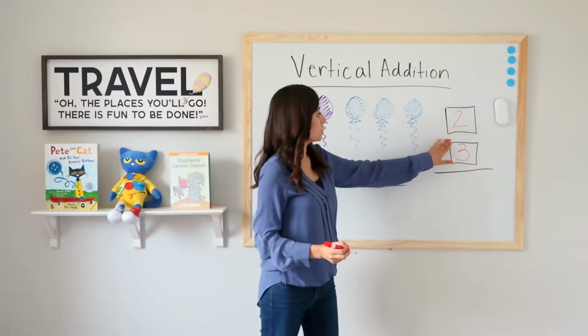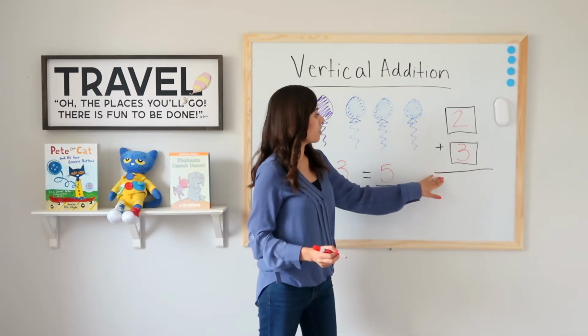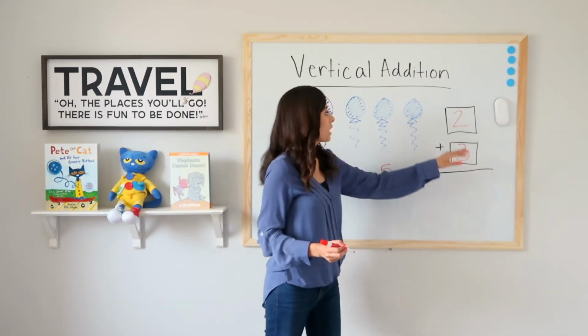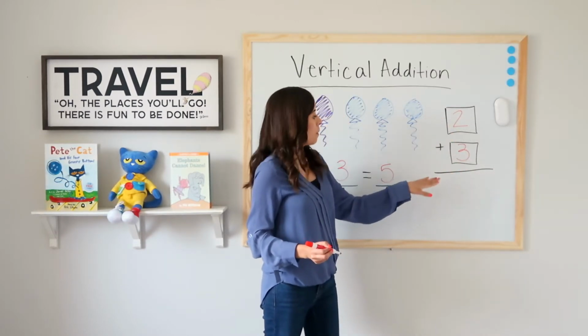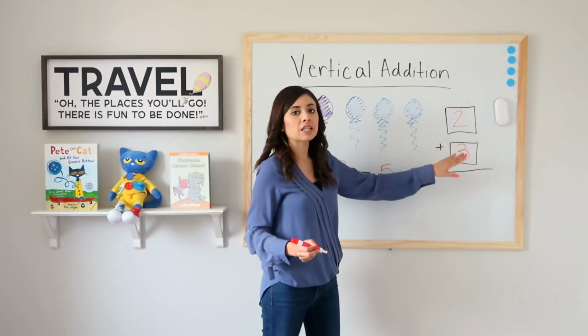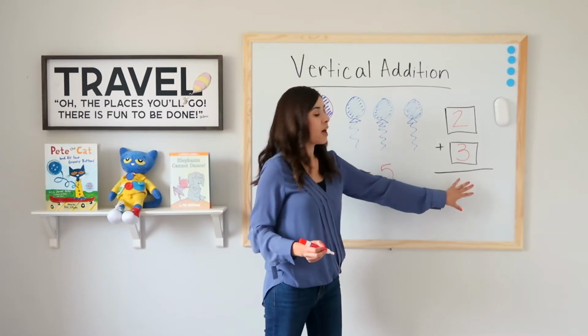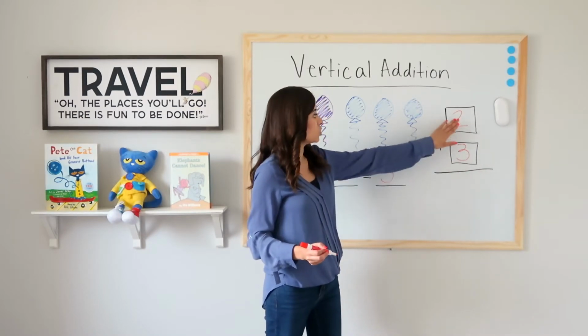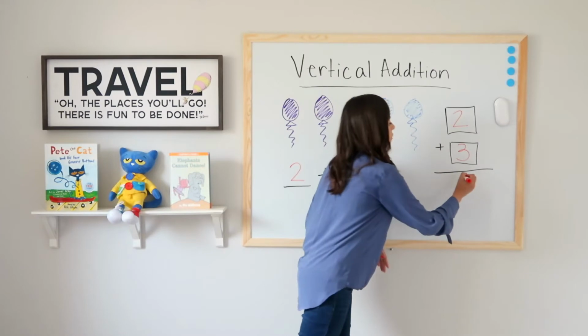So now I have 2 plus 3, and this is my equal sign. When I write it vertically, my equal sign is just one straight line, okay? And I will write my sum, or my answer, under it. So we said that 2 plus 3 equals 5.